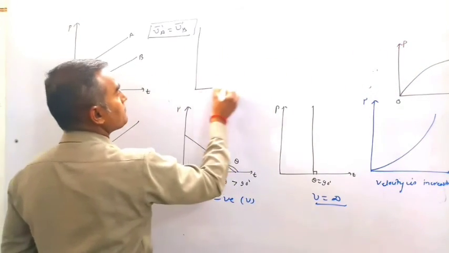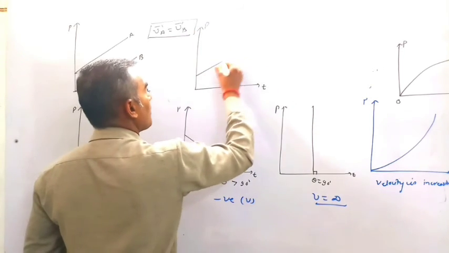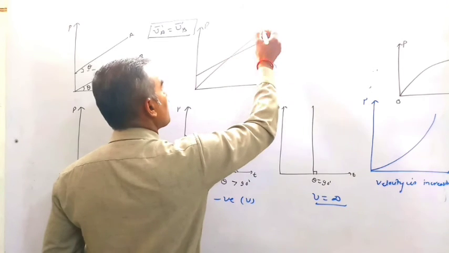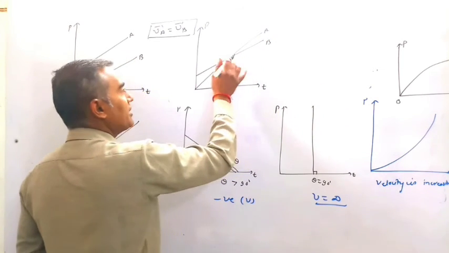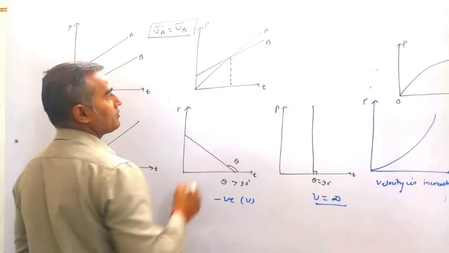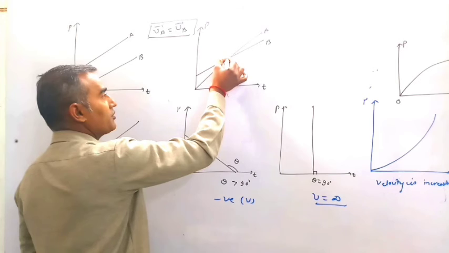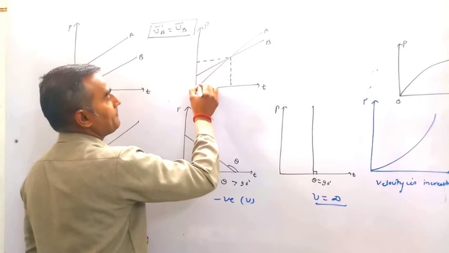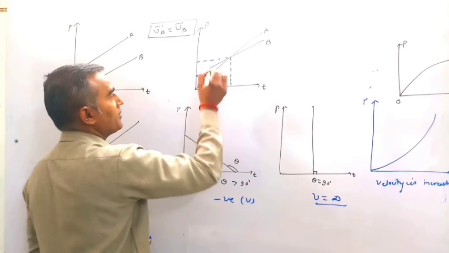Now look at another graph. This graph, time, position, A, B. They are intersecting at particular points. This is also a relative velocity, theta 1 and theta 2.